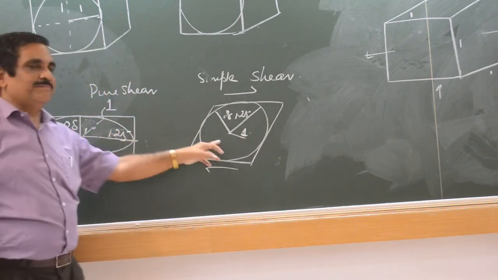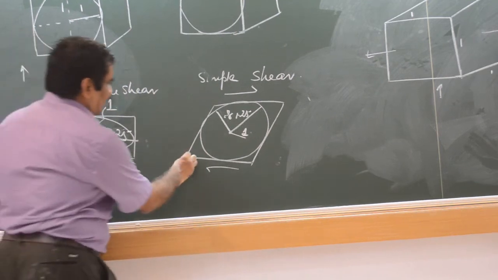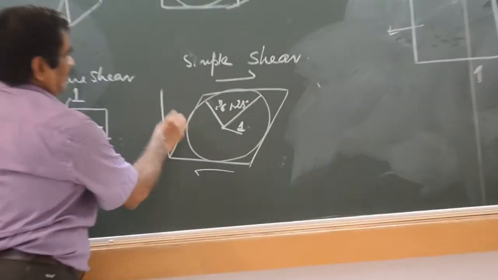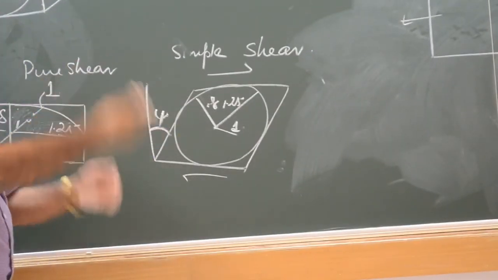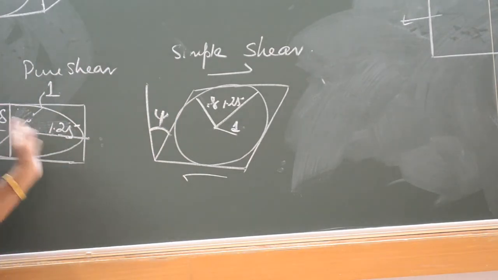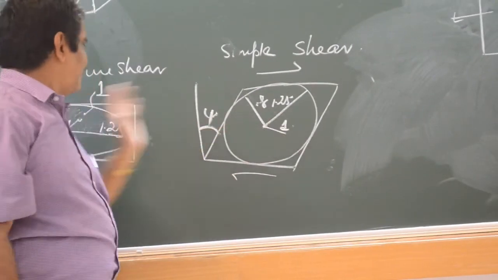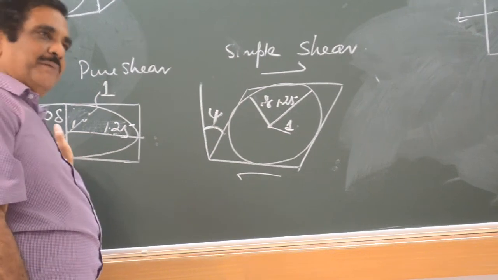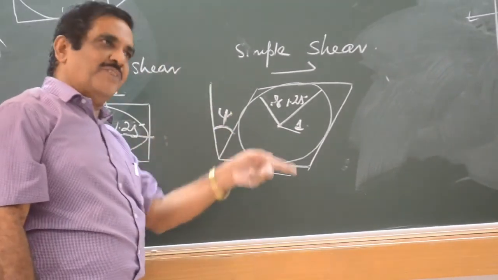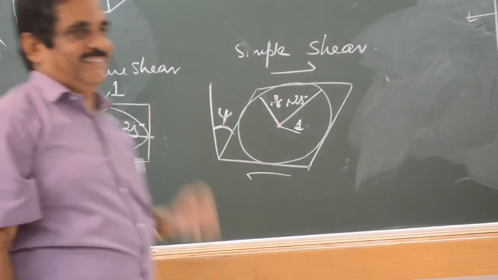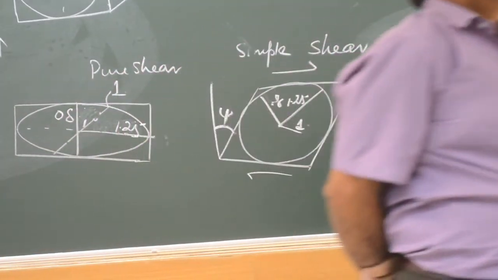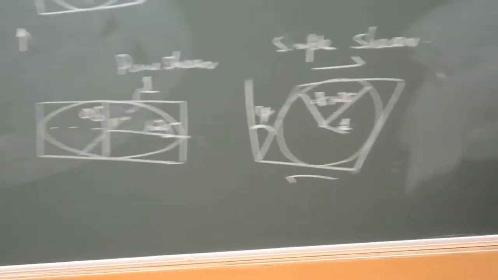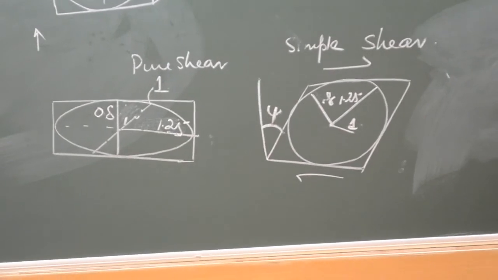Both ellipses are the same, but the only difference is that here there is an external rotation. Here there is no external rotation. You are producing an ellipse of the same dimension here also. But here there is an external rotation which is not there. Okay? It went into your mind, no?